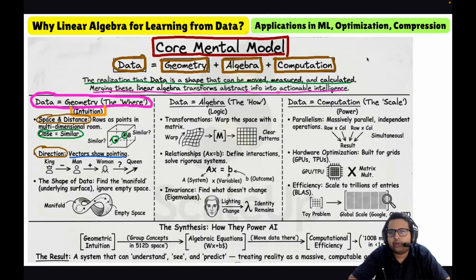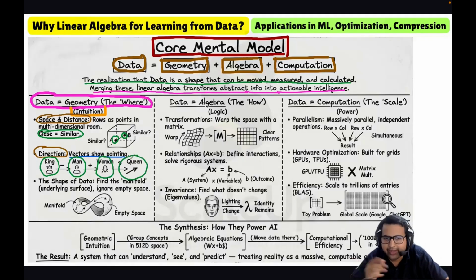So we start with a king vector, subtract man from it and add woman. So we are talking about a woman king, and a woman king is a queen. So we are heading towards the queen vector. Such operations we can perform if we treat data as geometry.